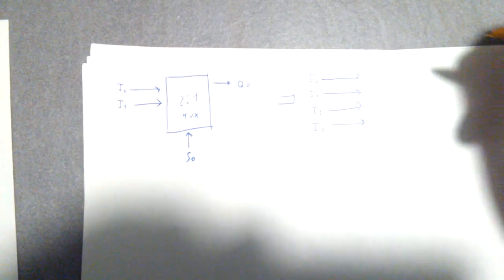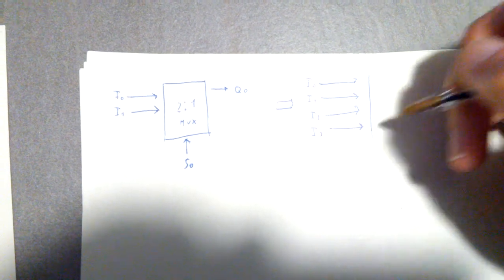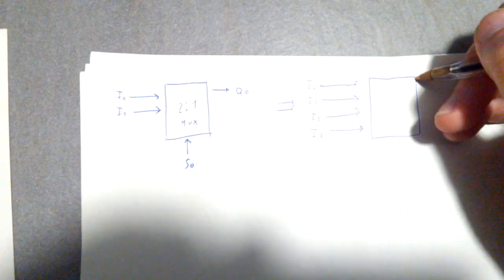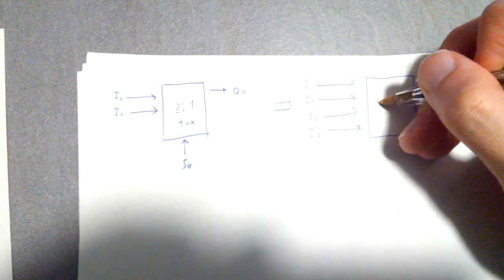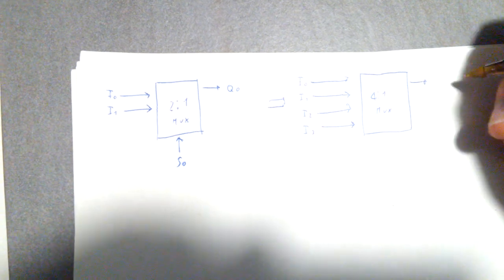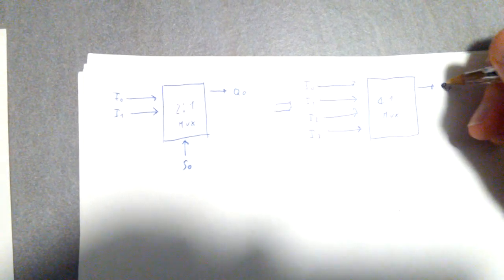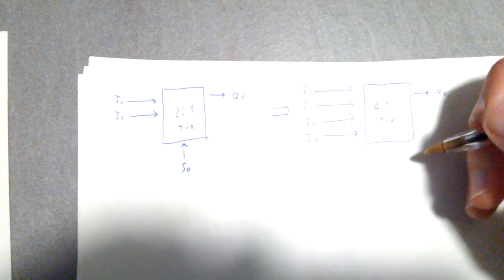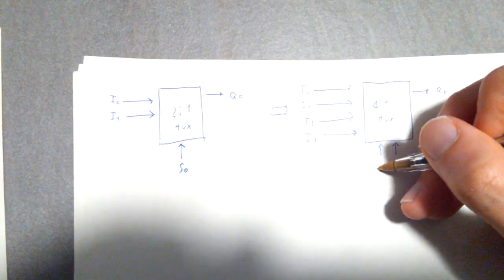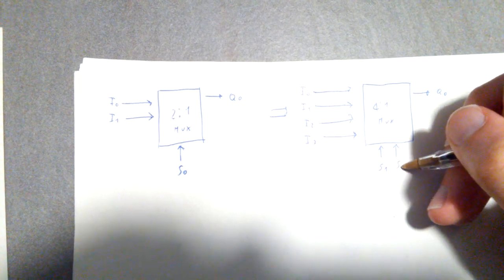So those 4 inputs. Then what we have here is still one single output, which we call Q0. But now we're going to have two select lines, namely S1 and S0.